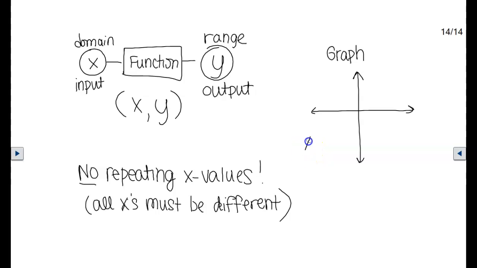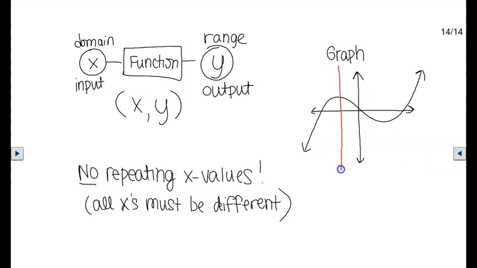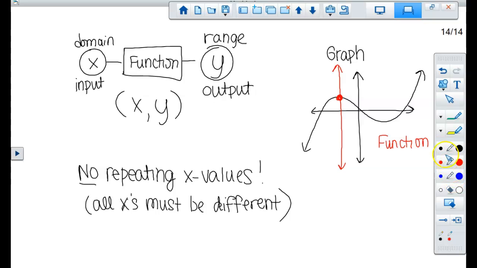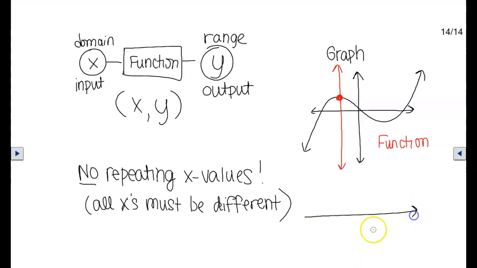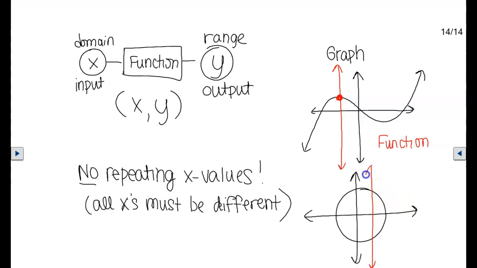So if you've got a graph that has this shape, notice if I draw a vertical line through that graph, it touches that curvy shape at one spot and one spot only. So this would be a function. But if I had a graph that looked like this, if I drew a vertical line, it would touch that circle at 2 different places.